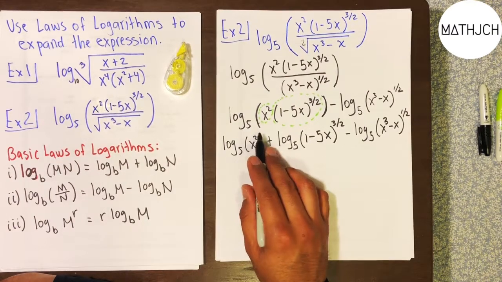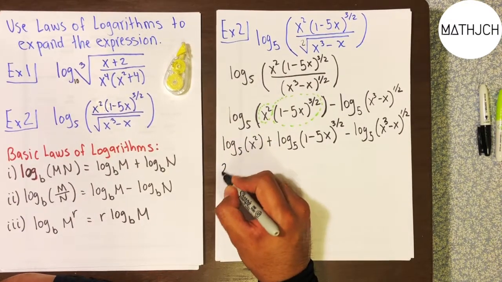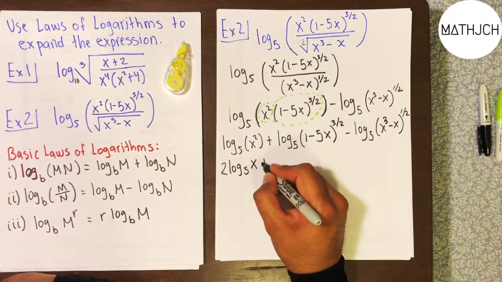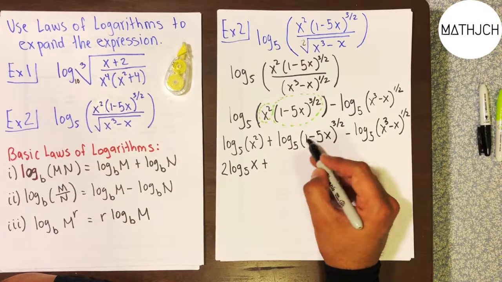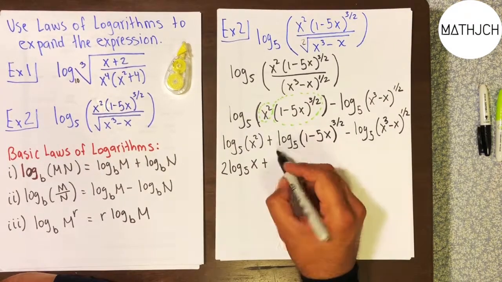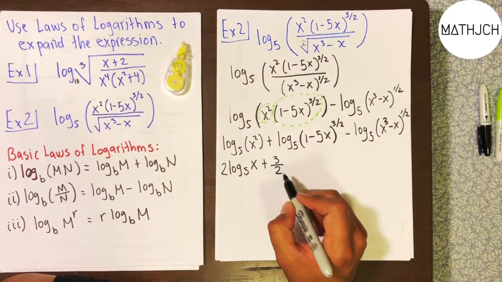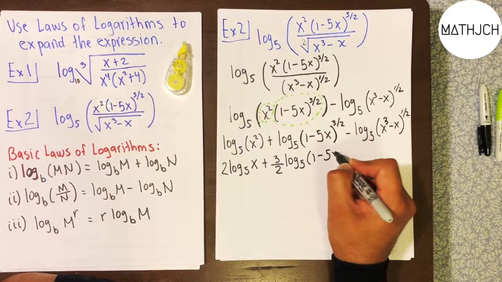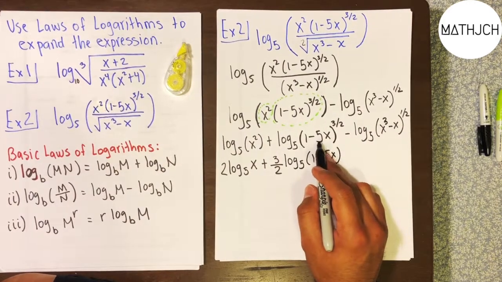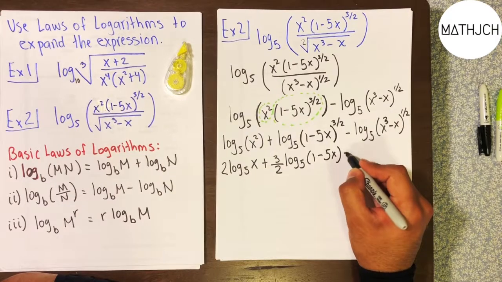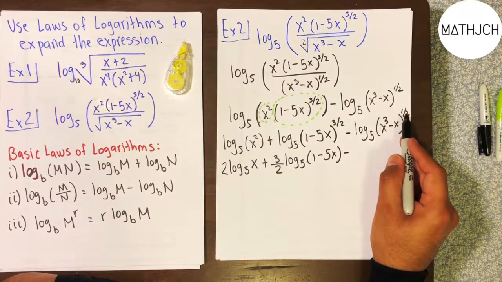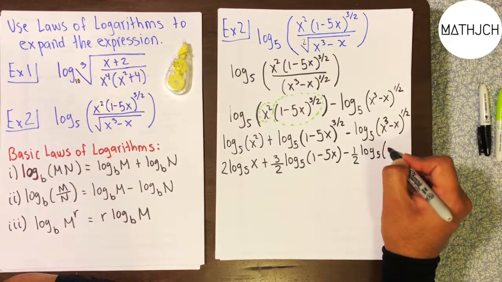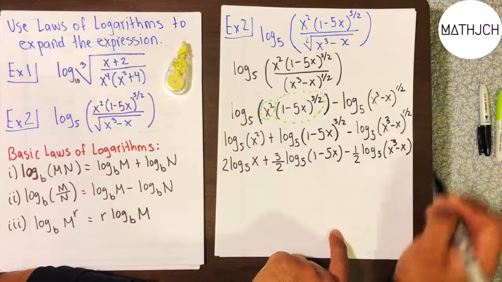So this 2 will go to the front of the log here. So we will have 2 log 5 of x plus, in this case, we have 3/2, which is outside of the parentheses, right? So that will be the 3/2 in front. And let's rewrite that 1 minus 5x, which is the 2 terms inside of the parentheses here. Minus, because we have minus here, 1/2 log 5 of x cubed minus x.